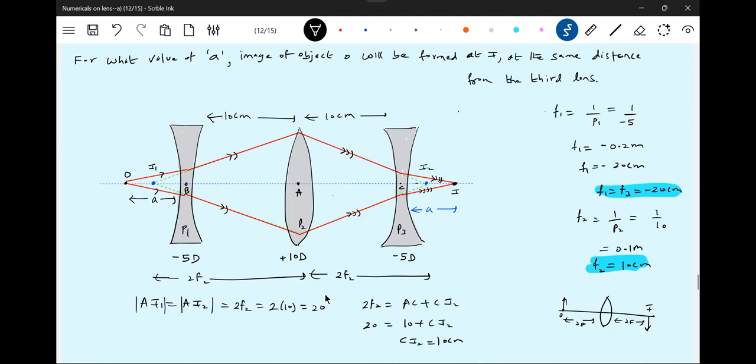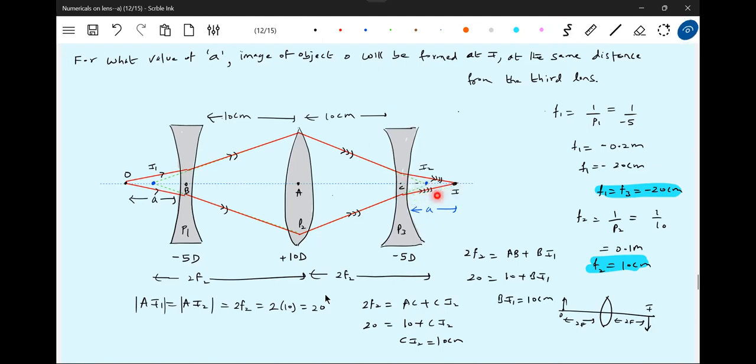Similarly for B, the same analysis here. 2f2 should be equal to AB plus BI1, so 20 equals 10 plus BI1. Therefore BI1 equals 10 centimeter.